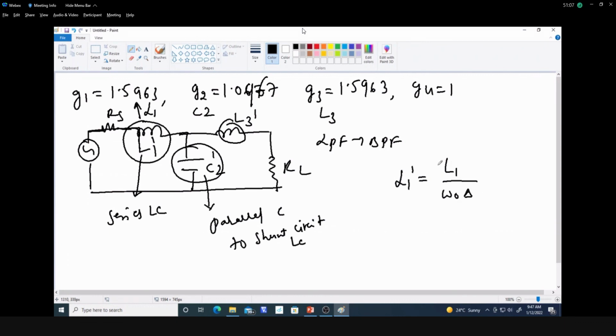So this is the transformation from series inductor to a series LC circuit, where in the band pass transformation we'll be having two values, that is L1 dash and C1 dash. So series LC circuit we are converting from the series L. So that's why we need to find out L1 dash and C1 dash.